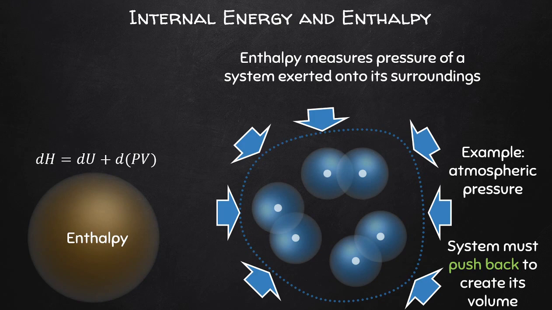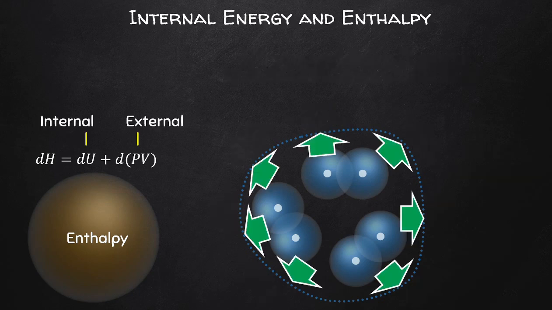The system would therefore push back onto its surroundings such that changes in volume and/or pressure would arise. So, in essence, enthalpy relates to both the internal energy and the external energy of a system, whereas internal energy relates to, well, just the internal energy within the system.